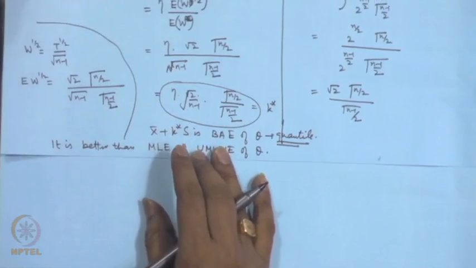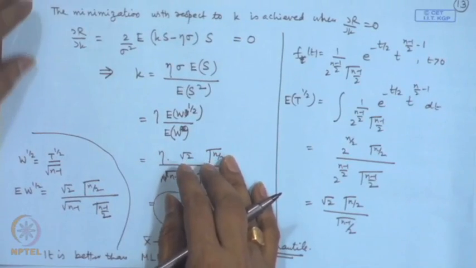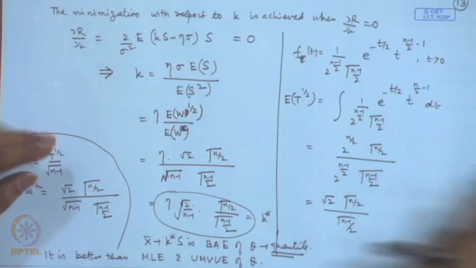So, today we have discussed the concept of invariance in detail, and we have seen that finding the best invariant estimator under a certain group of transformations many times leads us to much better estimators than the conventional methods that we have discussed till now, like the maximum likelihood estimation or the minimum variance unbiased estimation.